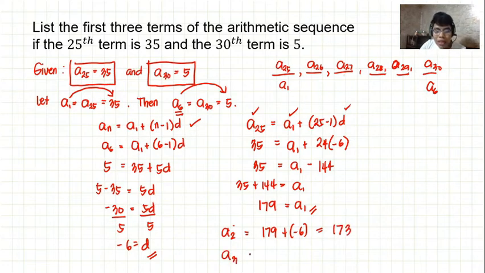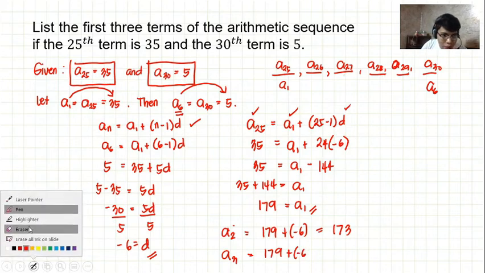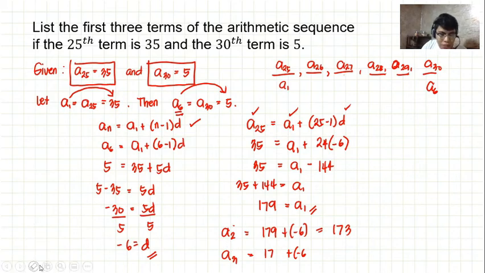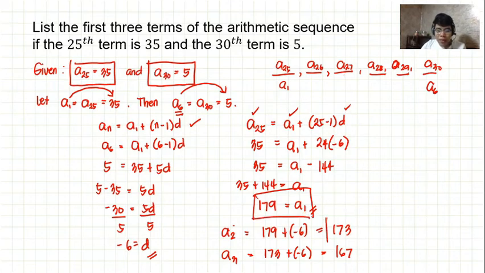And a sub 3 is 173 plus negative 6, which is 167. So the first three terms are 179, 173, and 167. Okay, so that answers our problem.